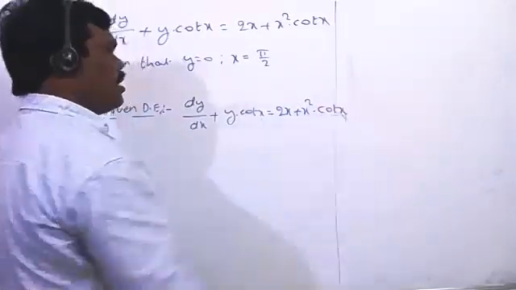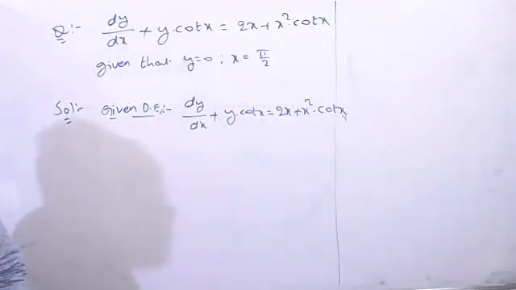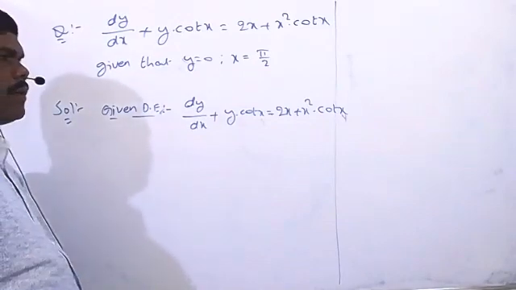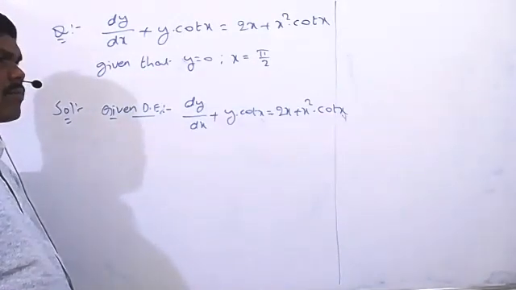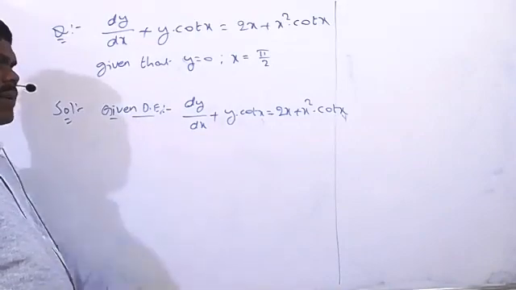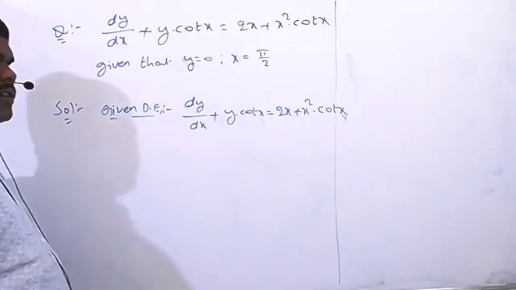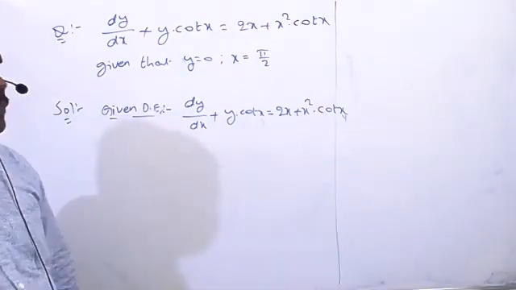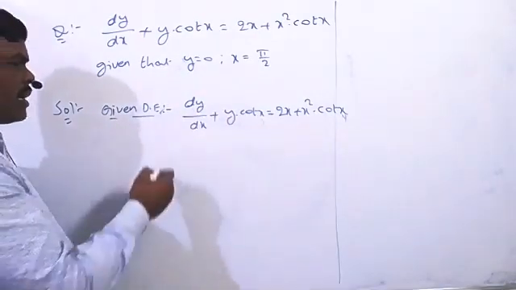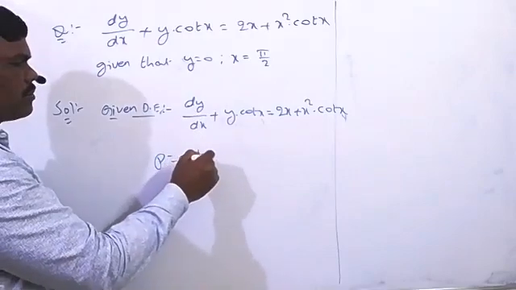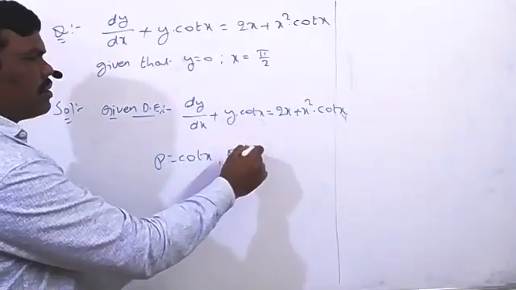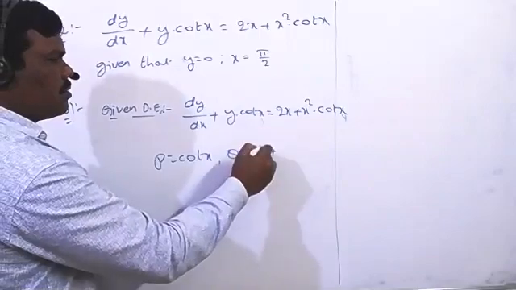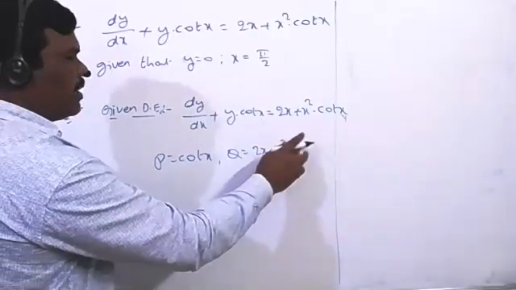Now tell me the functions here. Compare with the general form. You know very well that dy by dx plus p into y is equal to q. So clearly, the value of p equal to cot x, and the value of q equal to 2x plus x square into cot x.